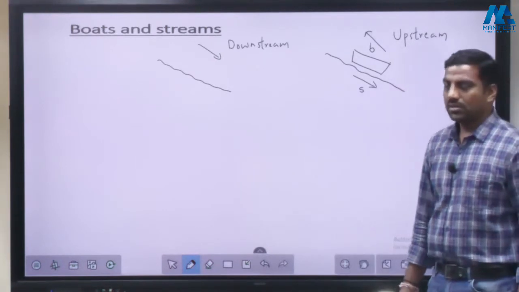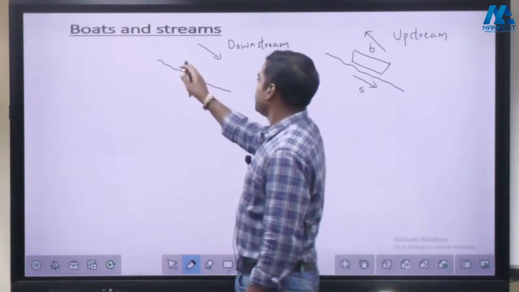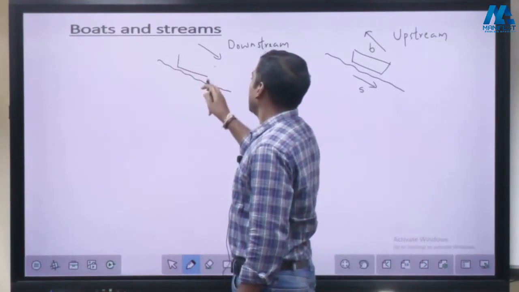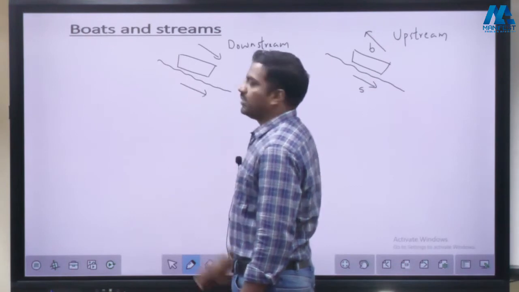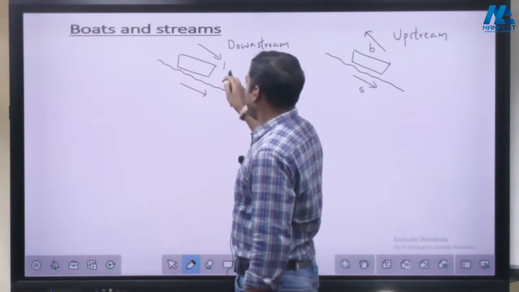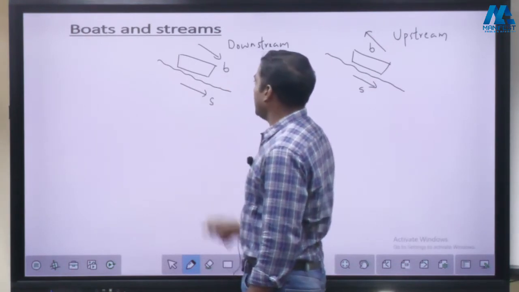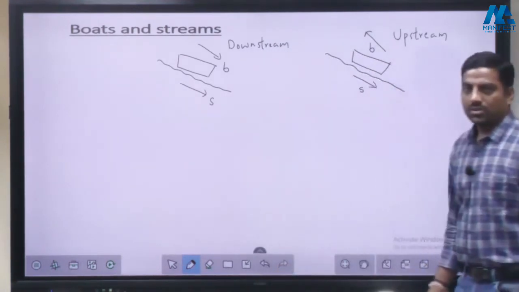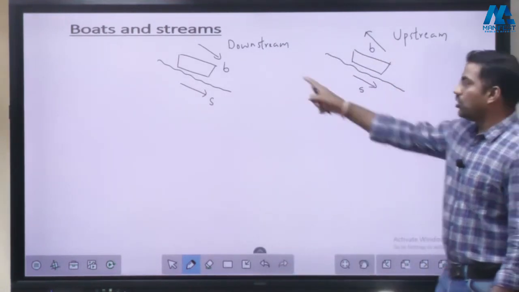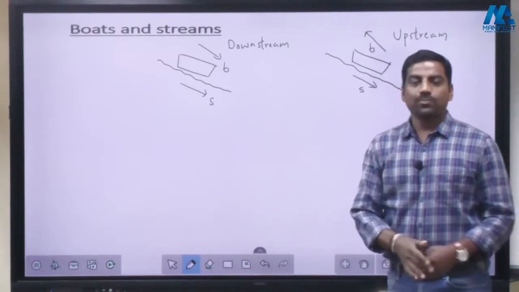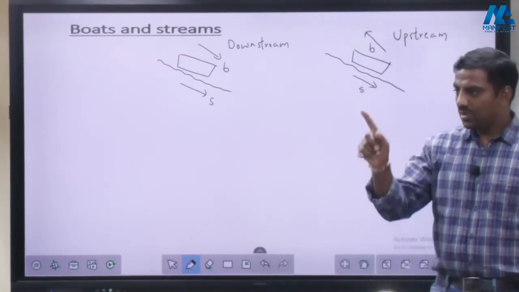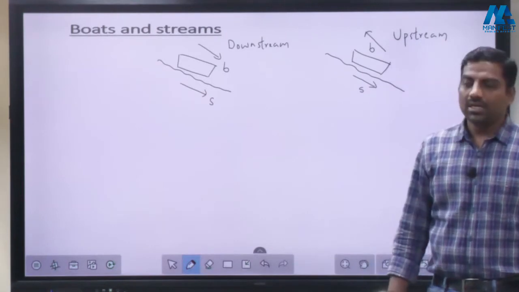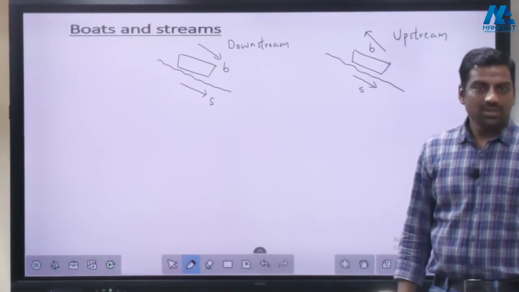Yes. Now coming to this way, let's take this as a boat and the stream is also moving this way; this is the speed of the boat and this is the speed of the stream. Always the stream will support the boat. Even if the boat speed is zero, the stream will take the boat to a certain distance.